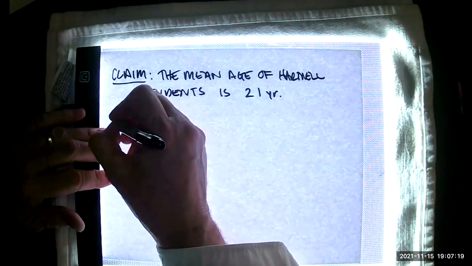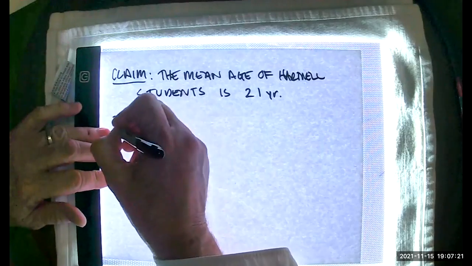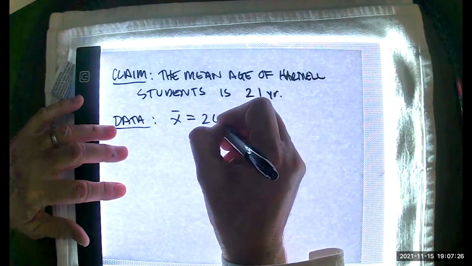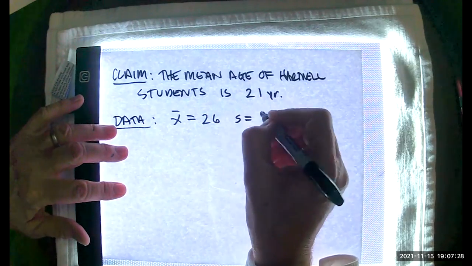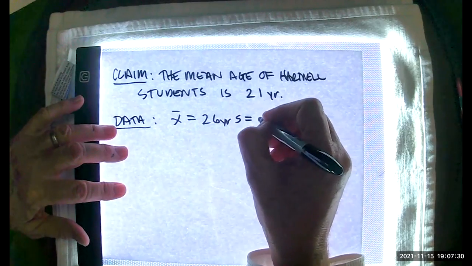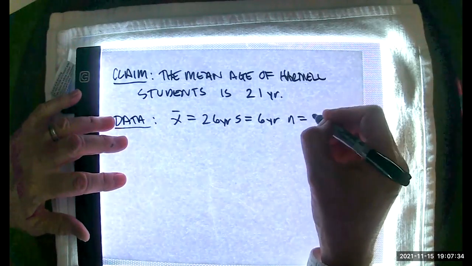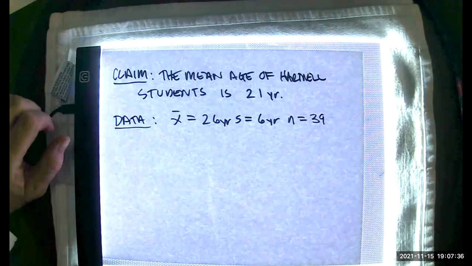We have some data. X bar is equal to 26 years. S is equal to 6 years. And N is equal to, let's make it 39.